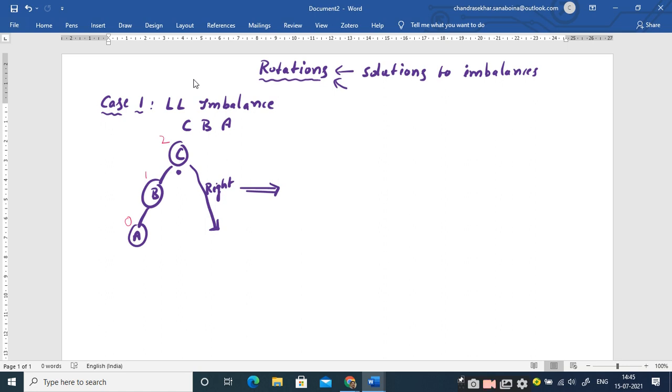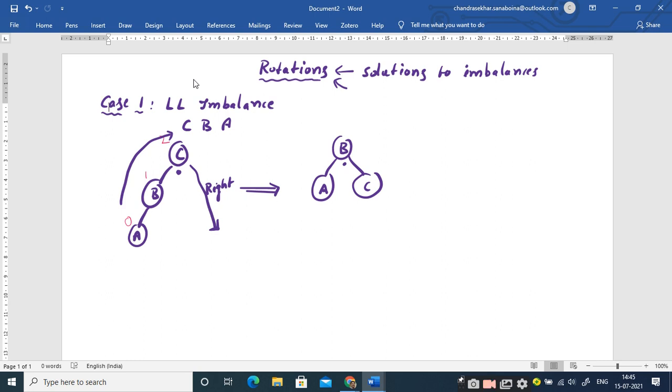C will come down and B will go up like this. So ultimately I will get the solution like this. Right. So this is the holder I have. So B goes up in this direction. Right. So B goes up, C comes down, and A will go one level up. Is it clear up to this point?